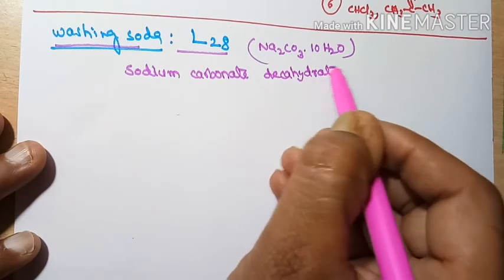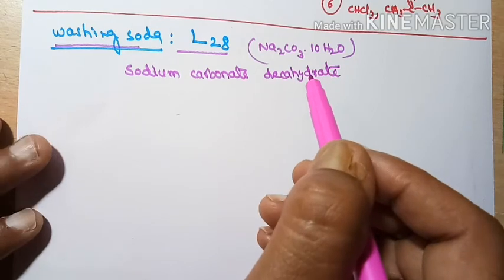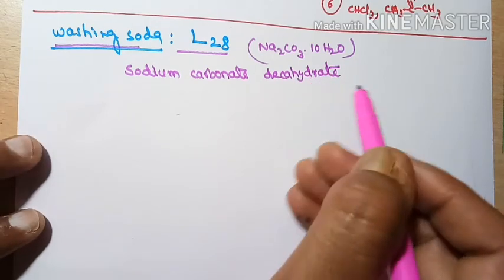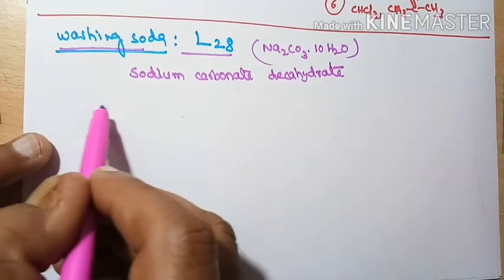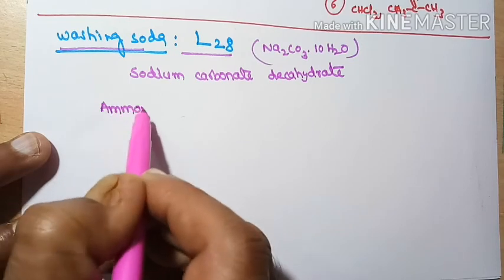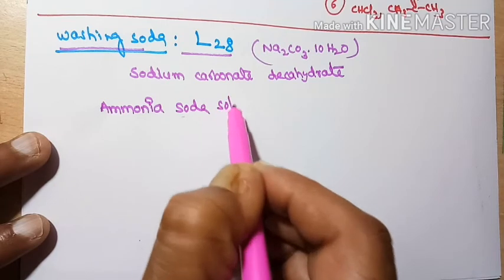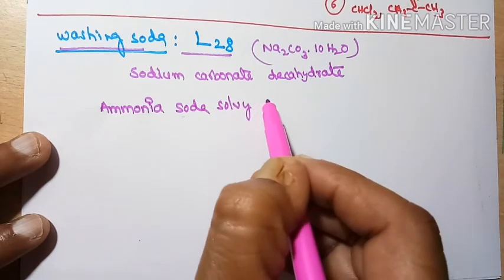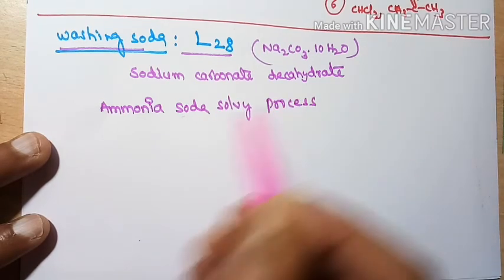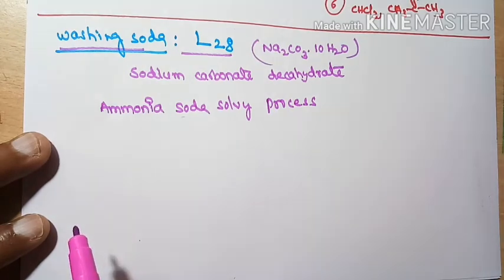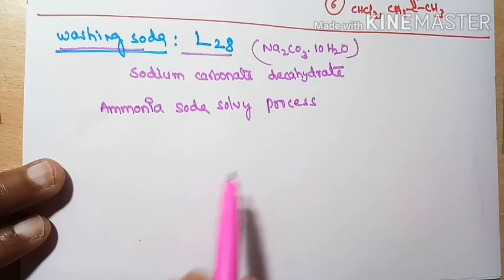Sodium carbonate decahydrate is called washing soda. It is prepared by the ammonia soda process. By this process we prepare sodium carbonate decahydrate, which is nothing but washing soda.